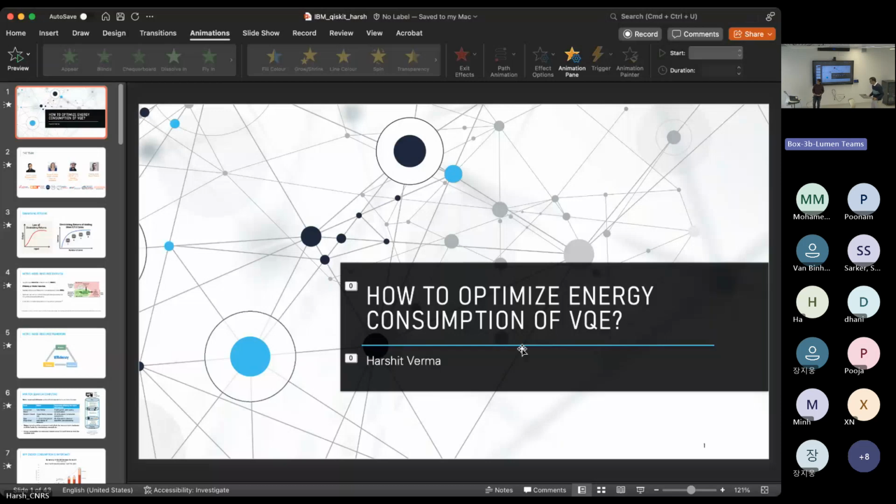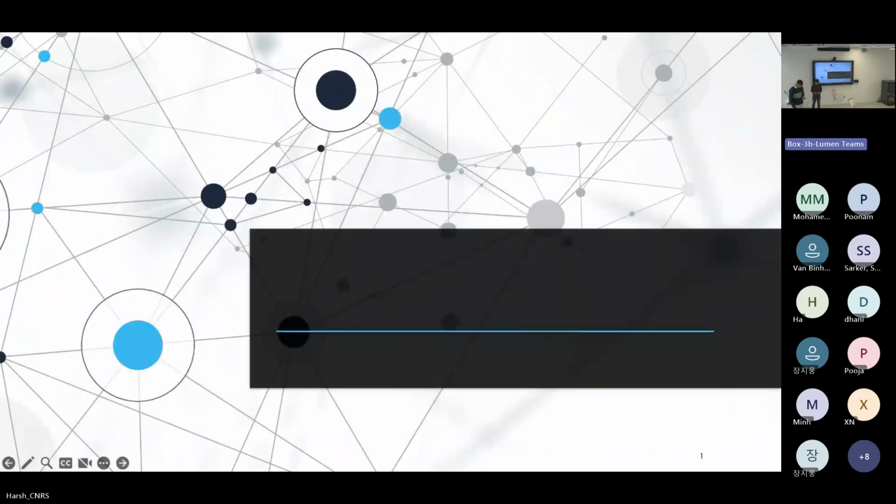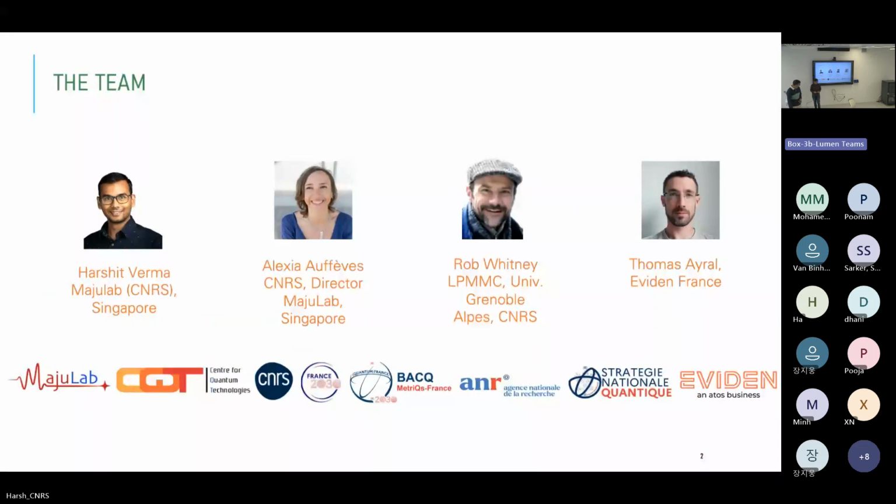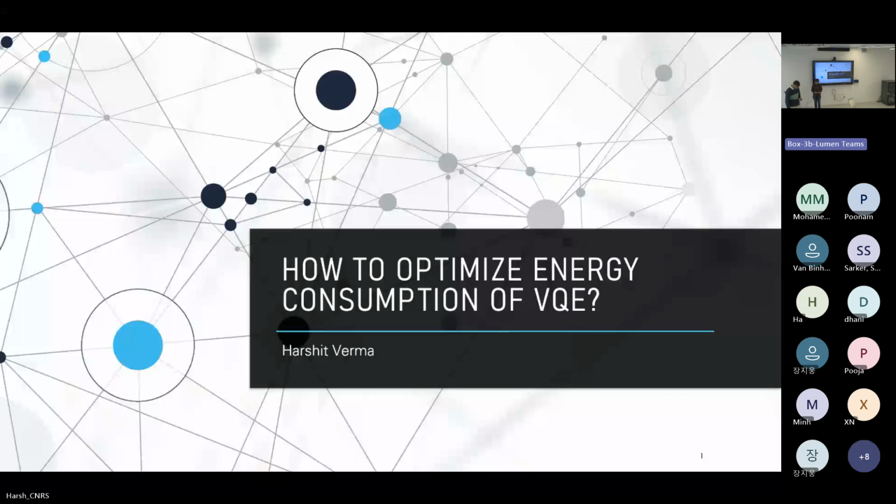So we'll start the next session now. For the next session, we are happy to have Dr. Harshit Varma, and he will today talk to us on how to optimize energy consumption of VQE. Harshit holds an integrated MTech in engineering physics from Indian Institute of Technology, BHU Varanasi, where he graduated in 2017.